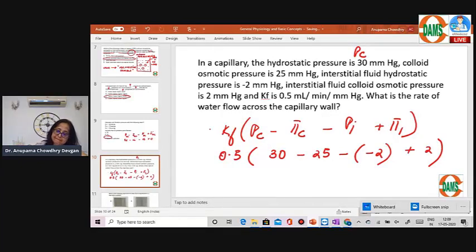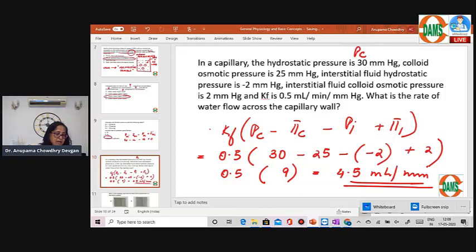So this is 0.5 into 5 plus 2, 7 plus 2, 9. So 4.5. Okay? This is your 4.5 ml per minute. This is going to be the answer. Remember, KF into PC minus pi C minus Pi plus pi I. All right.